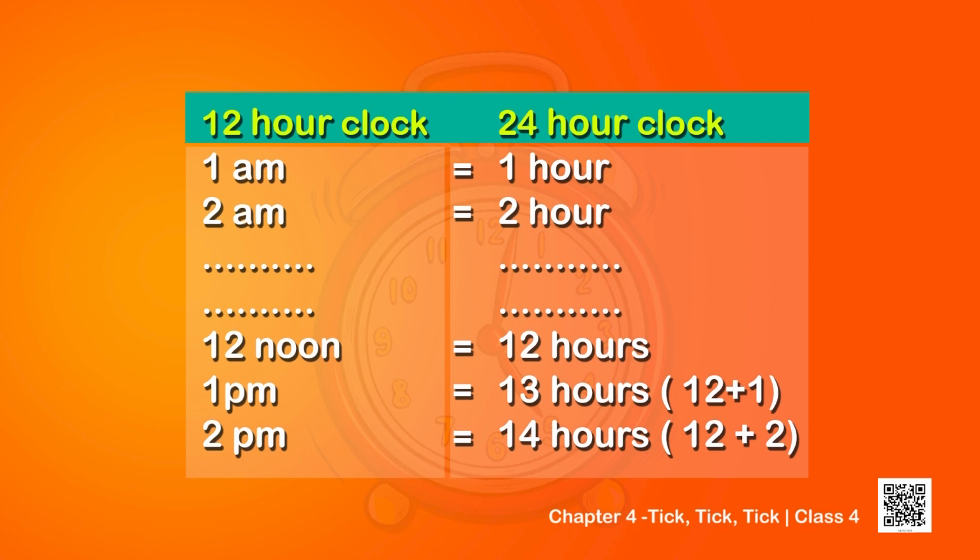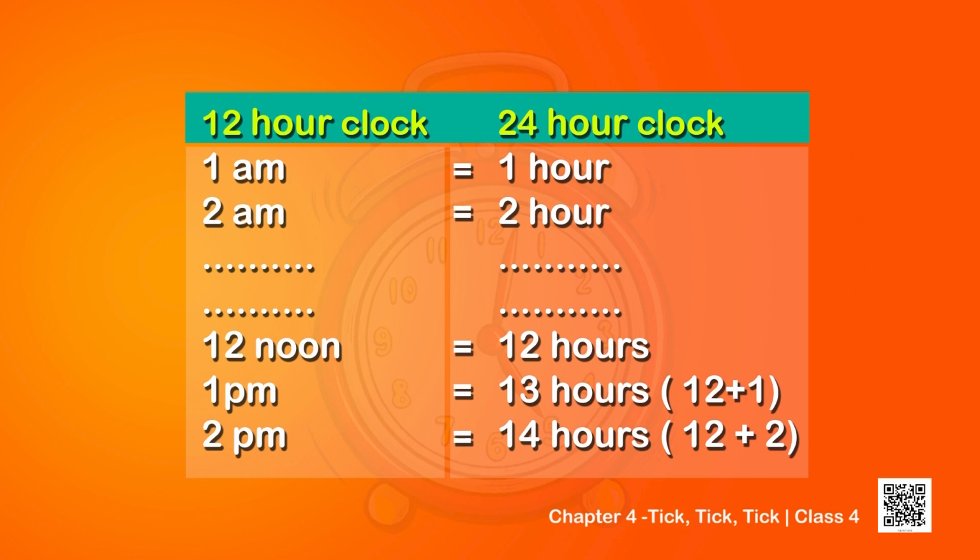Then the afternoon 1 o'clock or 1 PM will be represented as 13 hours in the 24-hour clock. So, what did we do here? We have added 12 to 1, it became 13. 13 hours in 24-hour clock is 1 o'clock or 1 PM in the 12-hour clock.